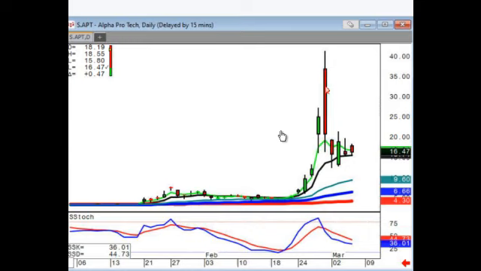Probably taking profits. How do we know when to take profits? Well, first of all, we've got a gap up in the overbought condition. Secondly, look how far away we are from the T-line. So what's our trading strategy?